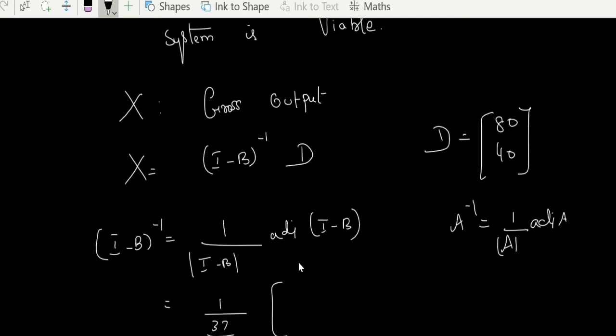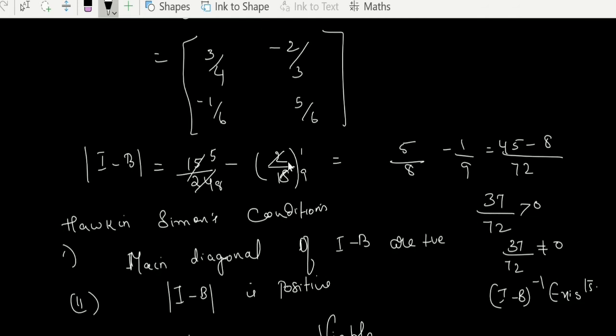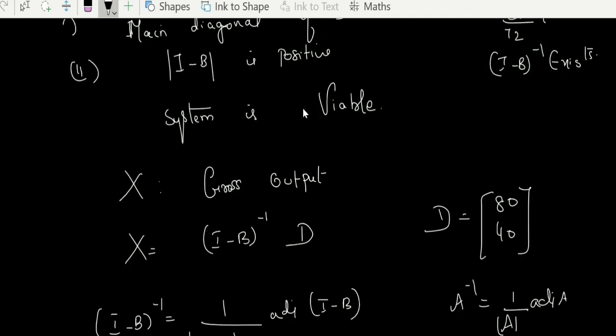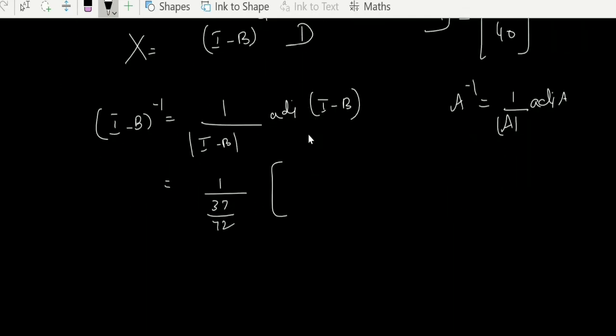Adjoint of I minus B, you know how to write the adjoint. Interchange these two, change the sign here. So 5 by 6, plus 2 by 3, 1 by 6 and 3 by 4. So adjoint of I minus B is 5 by 6, 2 by 3, 1 by 6, 3 by 4.